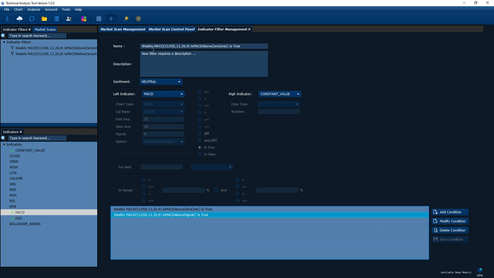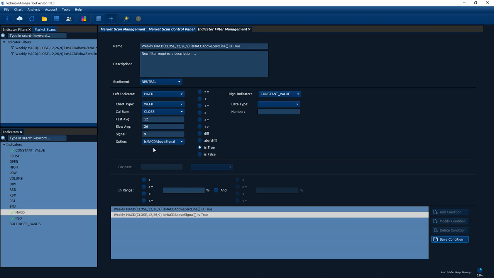For the indicator filter, in this group we actually have another condition here. Let's take a look at how this condition works. This condition is saying the MACD is above signal line is true. So it requires the MACD line is above zero, and meanwhile it requires the MACD also above the signal line.